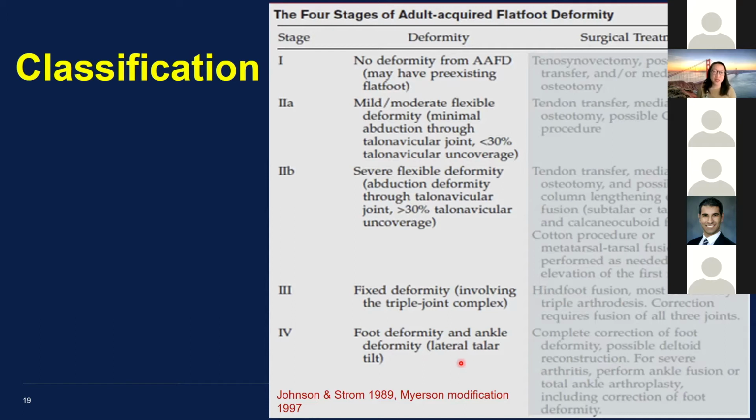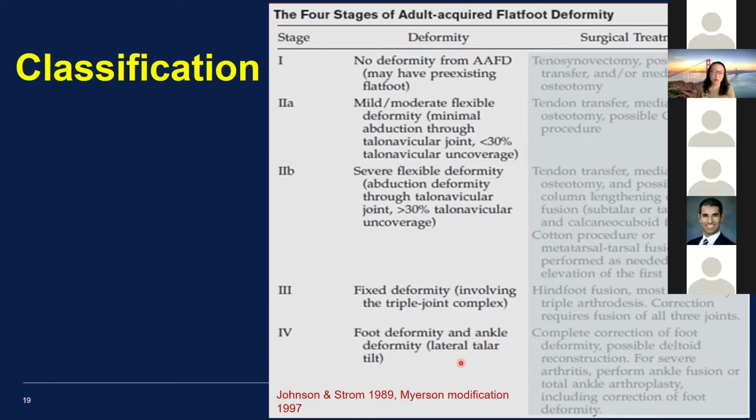Basically, stage 1 is just someone who has tendinitis, right? They do not have any existing deformity. They just have tendinitis, they have pain. Stage 2 are patients who have a deformity. You can see their arch is kind of falling, but it's flexible. So you can reduce it and get the foot into a neutral plantigrade position. Stage 3 is stiff.